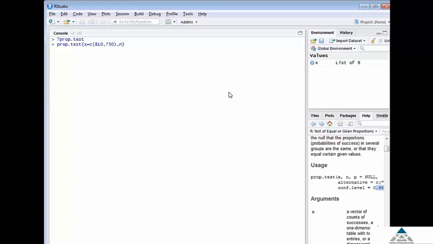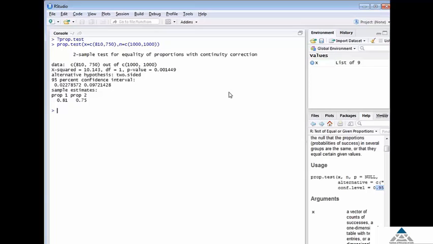So we write n is equal to combination of 1000, 1000. Then we write alternative is equal to two-sided. Even if we do not write this, R will by default conduct a two-tailed test. The moment we press enter, we get the result of our two proportions test.